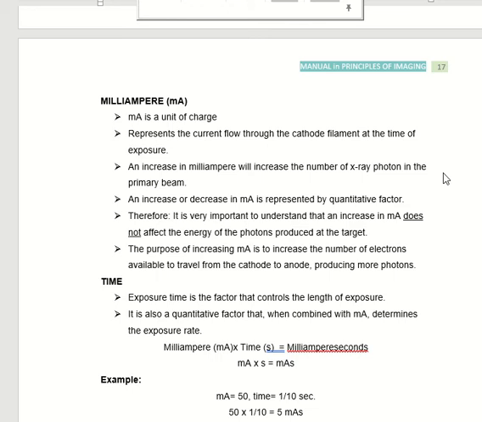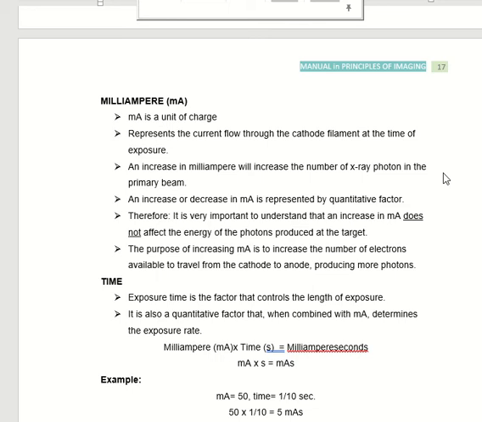So this is the amount of the current flowing at the filament, which can be found in the cathode of the X-ray tube during exposure. So basically, when there is an increase in milliampere, there will also be an increase in the number of X-ray photons produced in the X-ray tube.